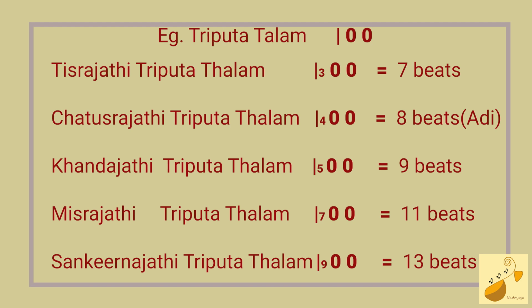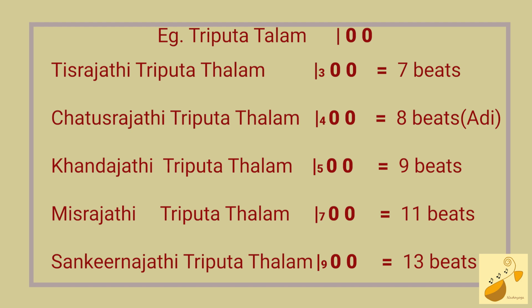Then we go to the Mishra Jati Triputa Talam. So see, Triputa Talam itself, the 5 jatis, how they pan out is what I am showing you. 1, 2, 3, 4, 5, 6, 7. 7 counts of the lagu, followed by the constant dhrutam 2 beats, another dhrutam 2 beats. So 7 plus 4, 11 beats will be Mishra Jati Triputa Talam.